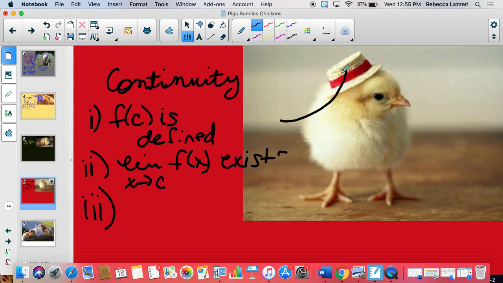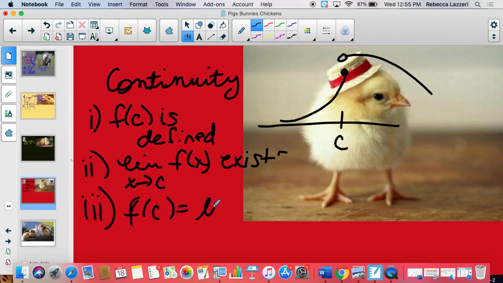Okay, so here, if I'm looking to see if this is continuous at C, is f of C defined? I have an f of C, don't I? Okay, but does the limit exist? So you have to take that next step. All right, then f of C has to equal the limit of f of x as x approaches C.